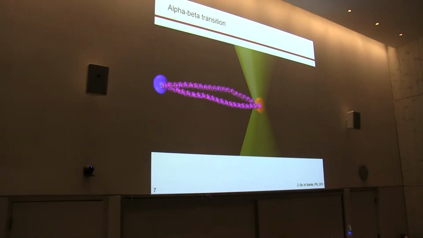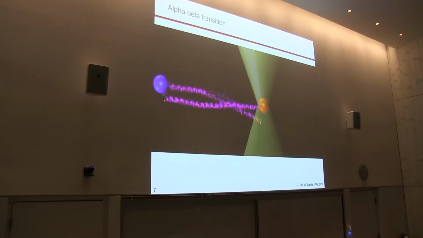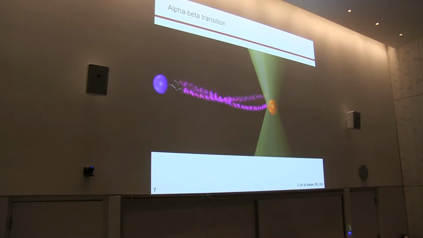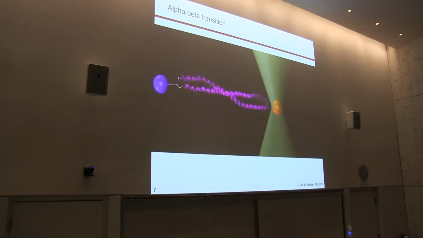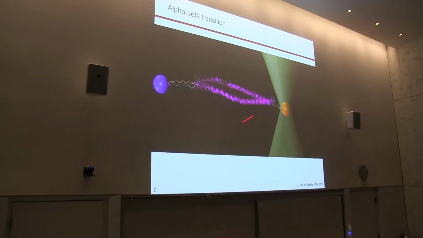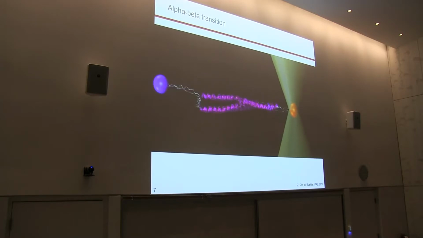So this simple simulation carried out using molecular dynamics actually gave me the chance to look into the basic physics. I set up the simulation, and then I started to deform this alpha helix by fixing one end and applying force to the other end.